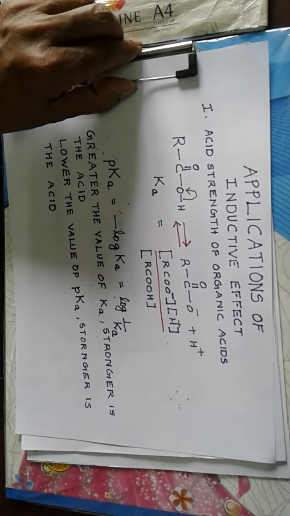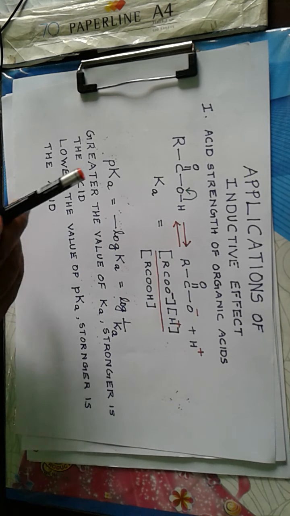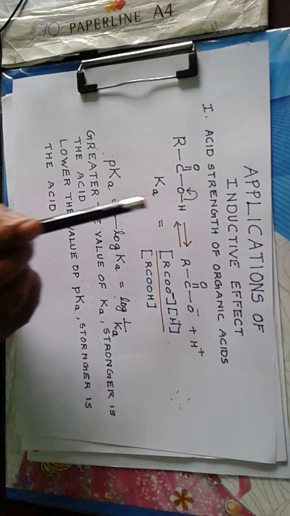Now coming to applications of inductive effects. The most important application of inductive effect is in determining or comparing the acid strengths of various organic acids or carboxylic acids. An organic acid is represented by RCOOH.